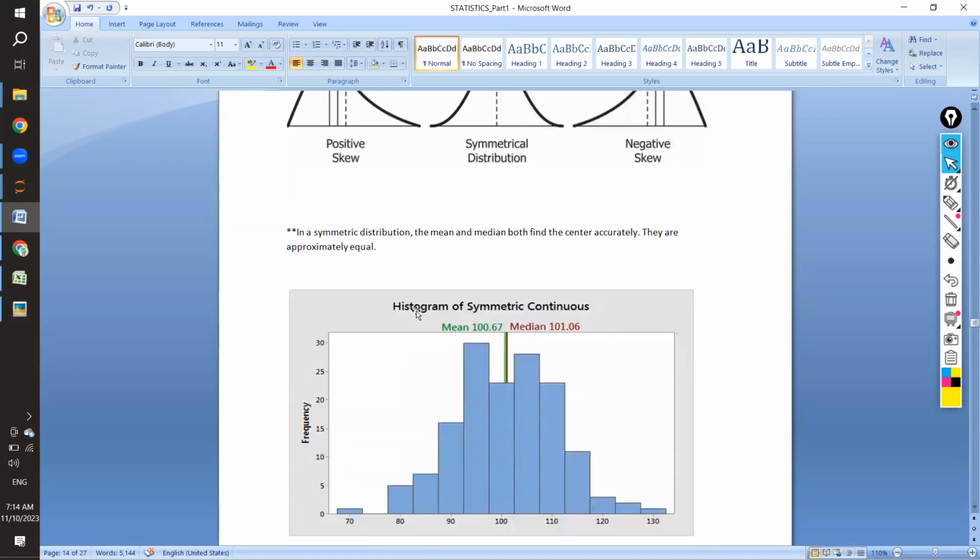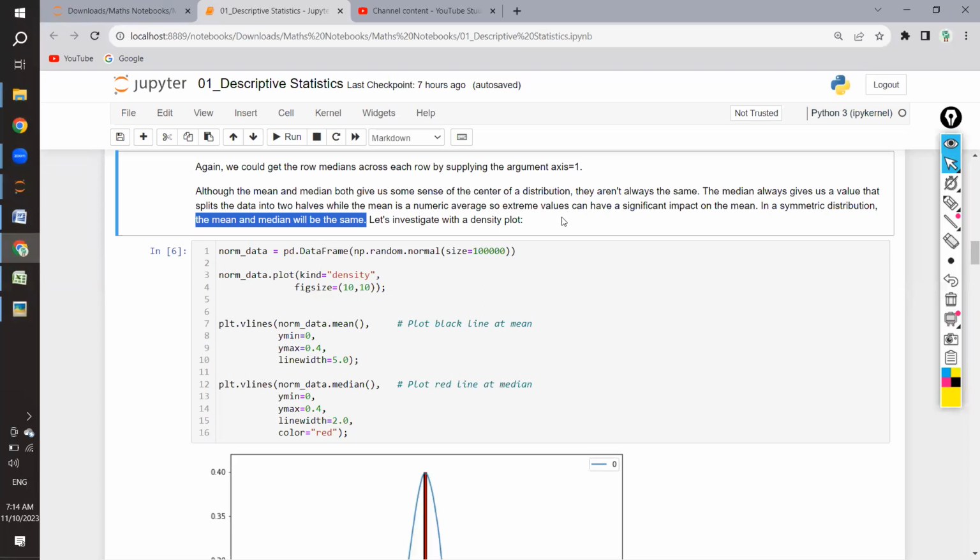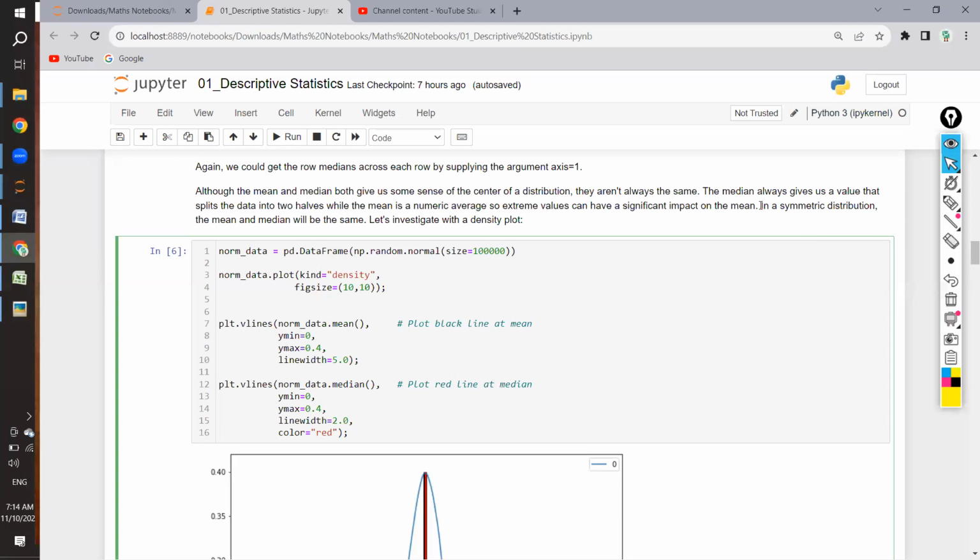Now we'll try to see some examples. We first will see the practical example over here and we'll come back. Since we understood why we went there, here we have this phrase: in a symmetric distribution, the mean, median, and mode will be the same.